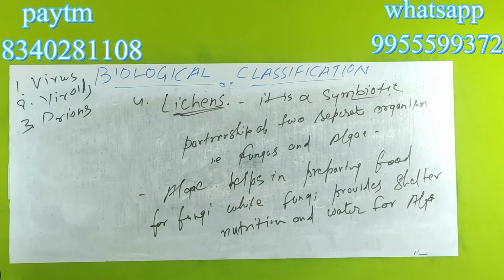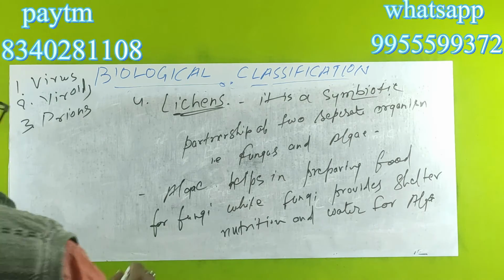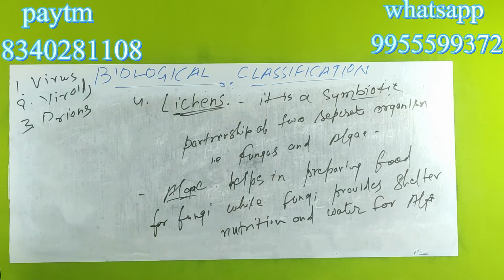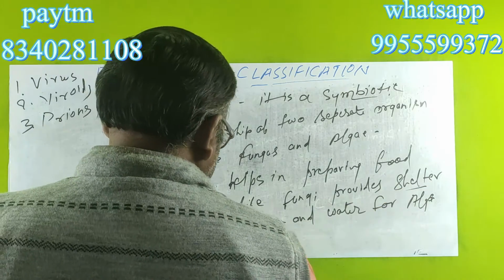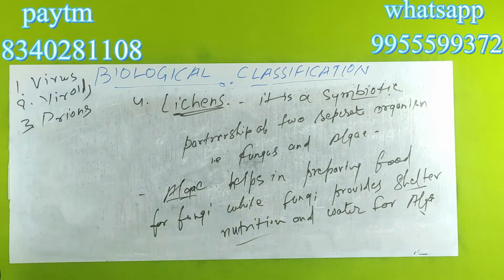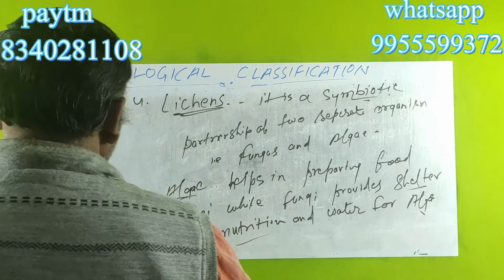So why is it called a symbiotic partnership? Because alga helps in preparing food, as it is green, it is autotrophic, can make its own food, and it helps the fungi. While fungi provide shelter, nutrition and water for alga. So it is called a symbiotic partnership.